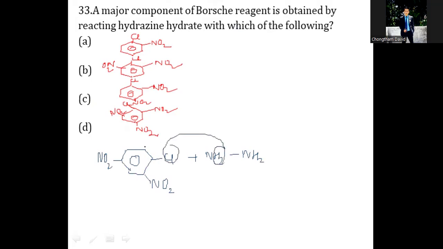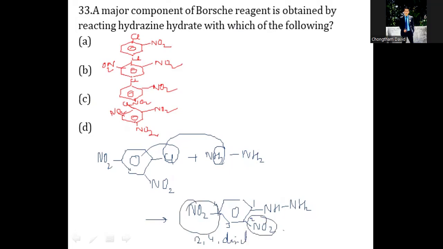One hydrogen will go with this chlorine and a condensation reaction takes place, forming NH2 and NO2 groups. The name is derived from 1, 2, 3, 4, so 2,4-dinitrophenylhydrazine. So the answer for question number 33 is option C.